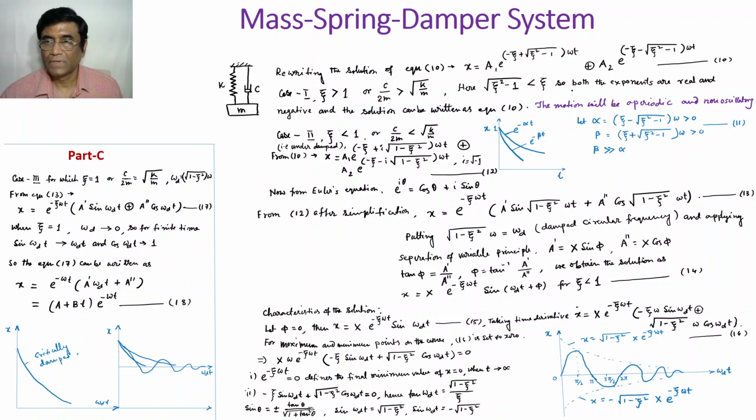So both the exponents are real and negative definite, and the motion will be aperiodic, because of e to the power minus something, the amplitude will always be decaying, decaying, decaying.